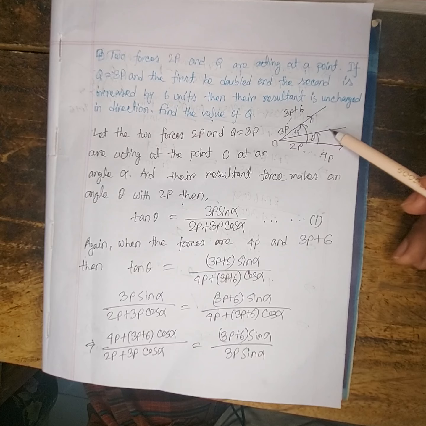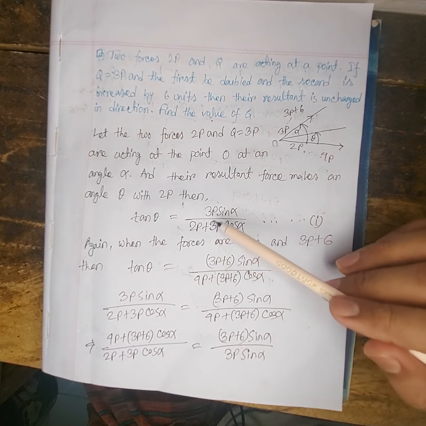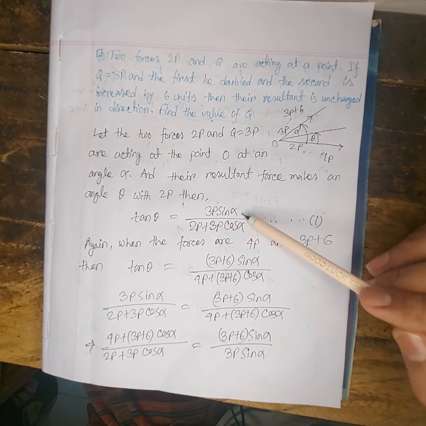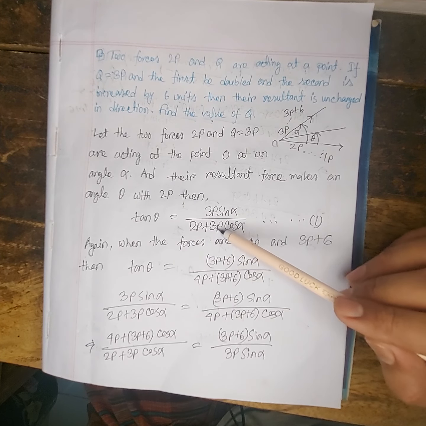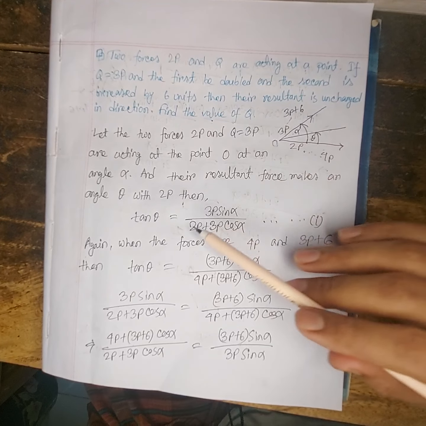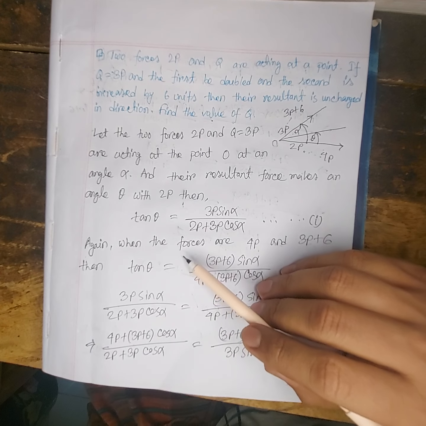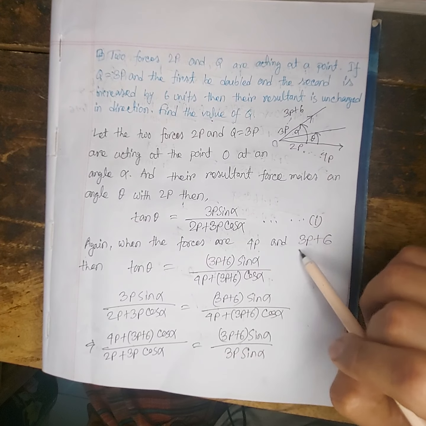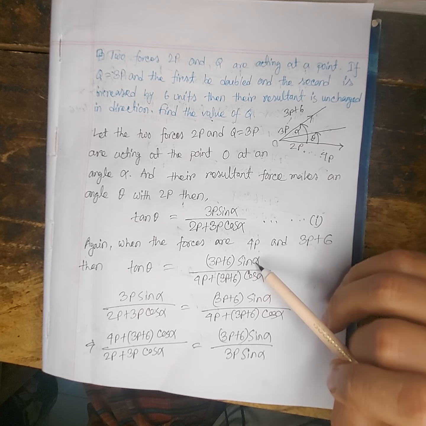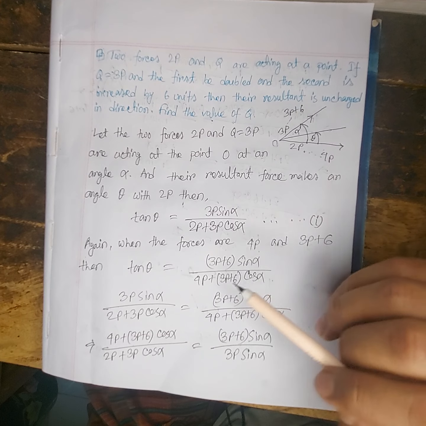The angle between the resultant and the first force is theta, so tan theta is equal to q sin alpha divided by p plus q cos alpha. Here q is 3p, so tan theta is 3p sin alpha over 2p plus 3p cos alpha. We know this is the formula for the direction of the resultant. And again, when the forces are 4p and 3p plus 6, then tan theta is equal to (3p plus 6) sin alpha divided by 4p plus (3p plus 6) cos alpha.